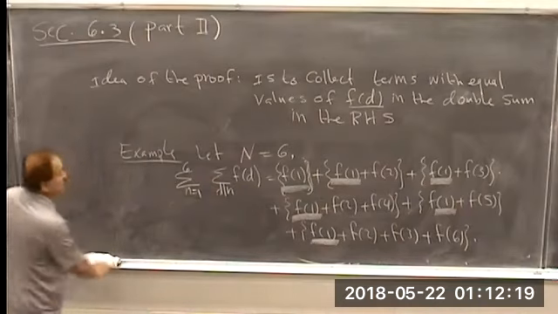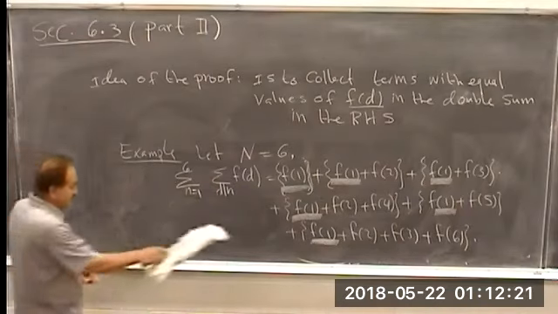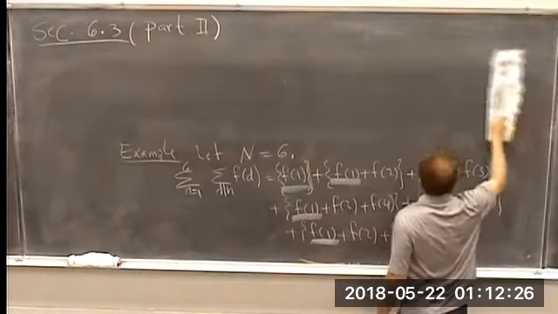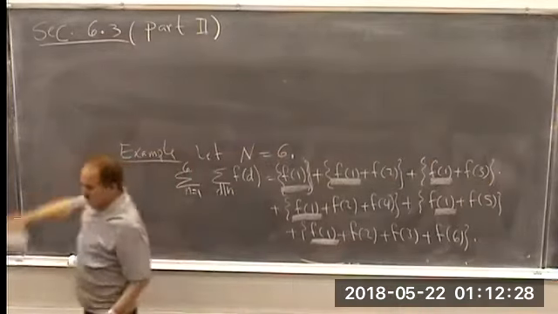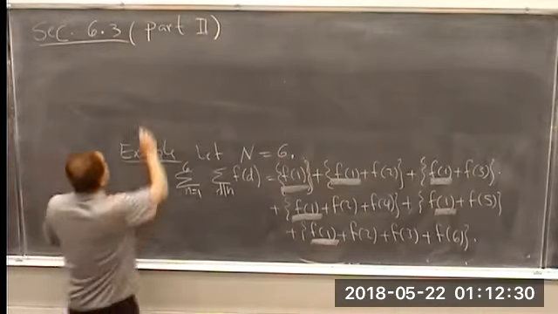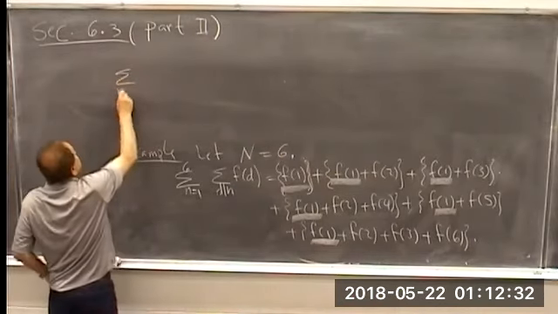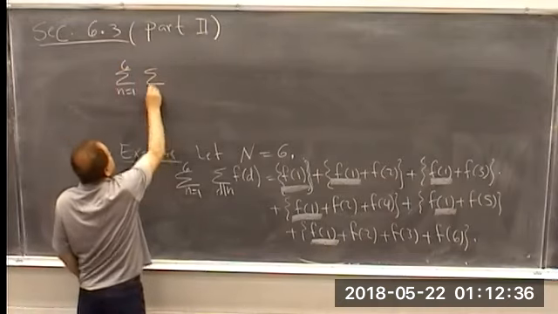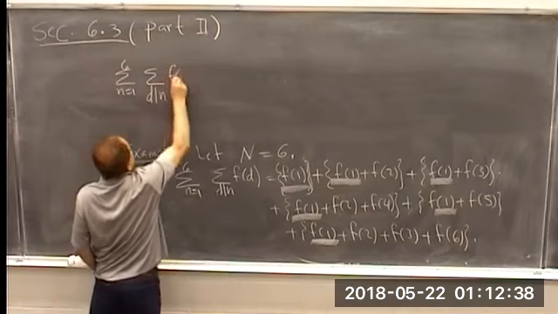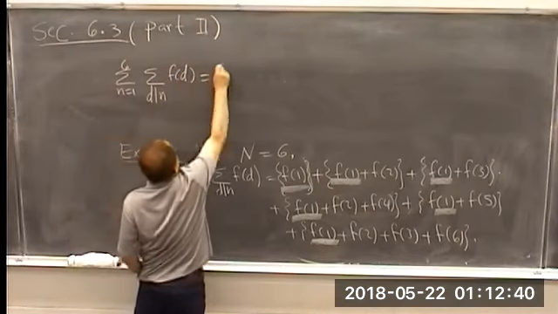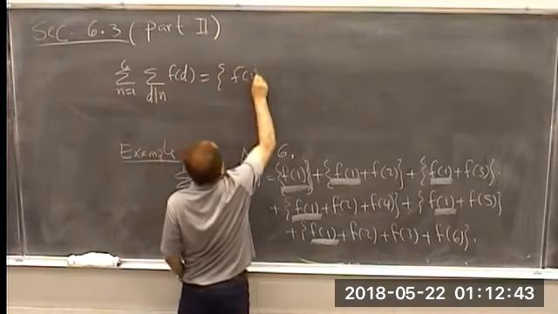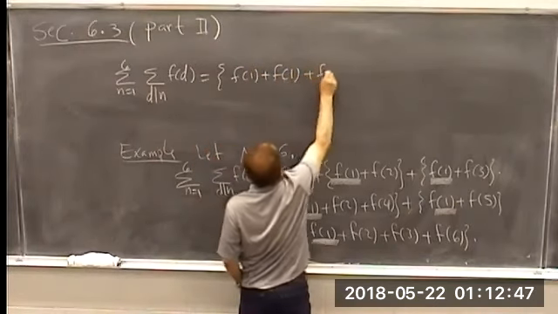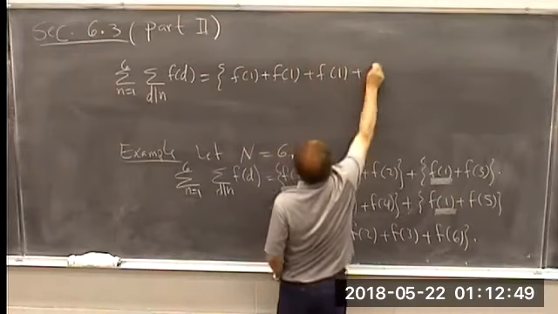So let's do that. The summation over n equal 1 to 6 of the sum over d dividing n of f of d is equal to f of 1 plus f of 1 plus f of 1 plus f of 1.